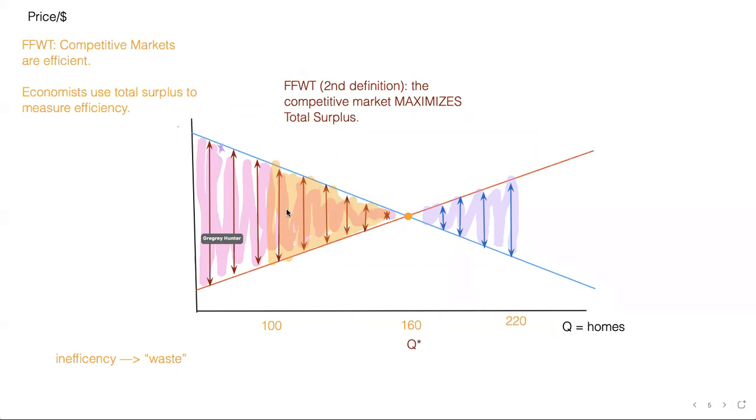It's also wasteful to have lots of people that are willing to pay a lot of money for a house, but for some reason they can't get one, even though what they're willing to pay is much higher than the cost, which would be this orange area. So there are two ways to get inefficiency. So two ways for resources to be wasted in an economy.